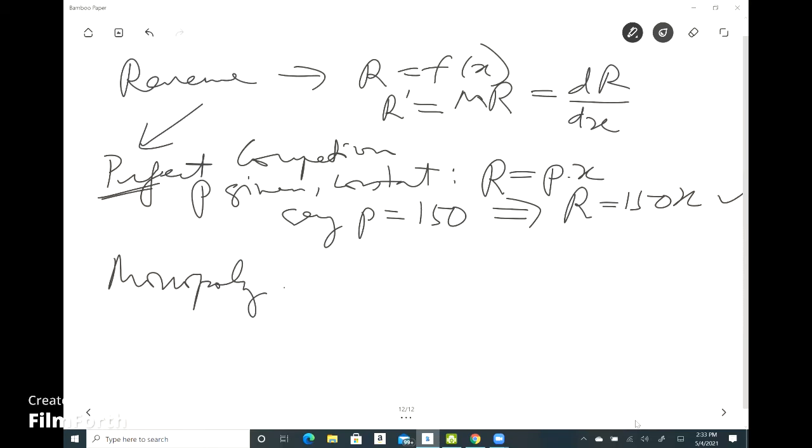Price is given, okay? Now, on the other hand, if you have a monopoly type of market, what is the difference? Anybody who has taken principles of micro, what is the difference between the behavior of the firm with respect to the price in perfect competition and monopoly?